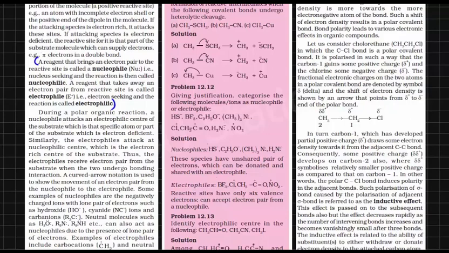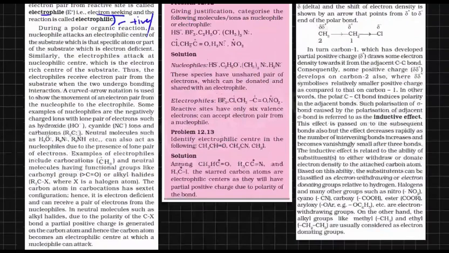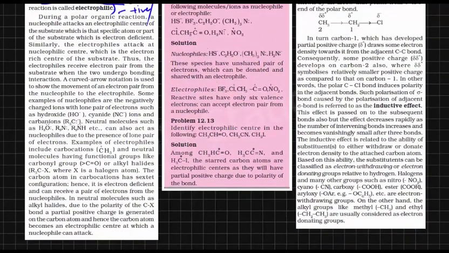A reagent that takes away an electron pair from a reactive site is called an electrophile or electron seeking. A simpler way: electrophiles are positive, nucleophiles are negative; these are electron rich, these are electron deficient. They have discussed a few examples over here.